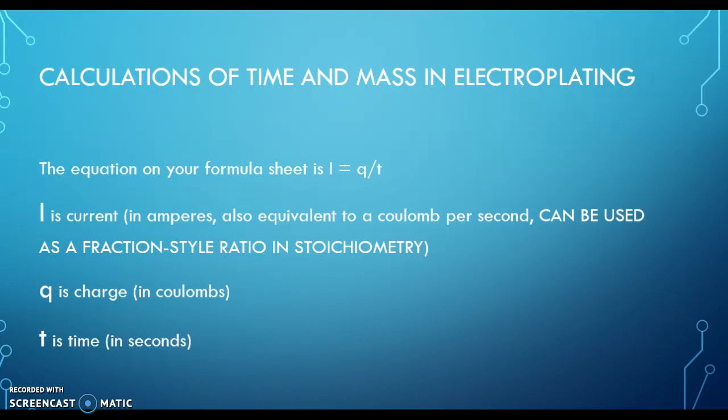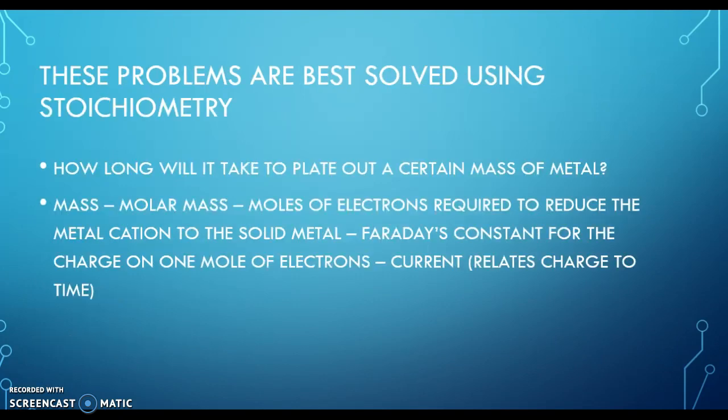Q is going to be the charge in coulombs, and T is going to be the time in seconds. But most of the time I don't think of these as an equation type of calculation, I do them more stoichiometrically, just thinking about the equation in order to set up my fraction-style ratio for the current. So we've got essentially two directions in which the stoichiometry is going to go.